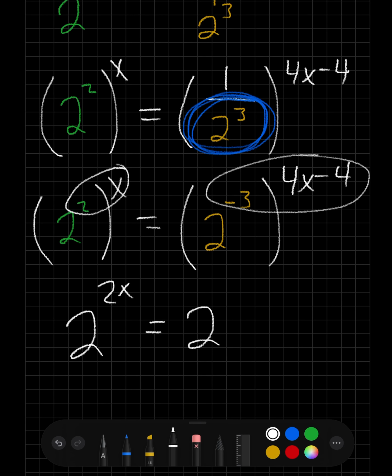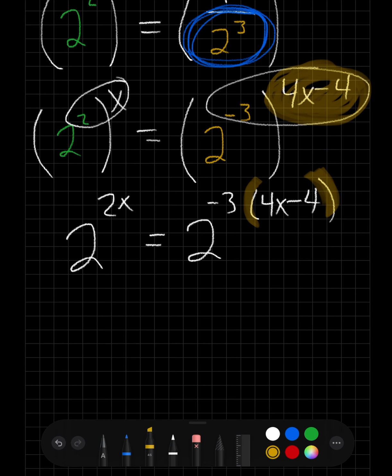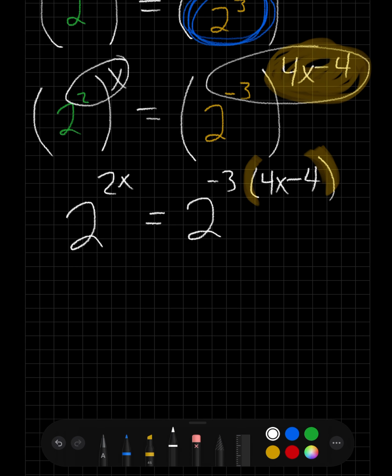And so this then becomes 2 to the 2x power is equal to 2 to the negative 3 times 4x minus 4. Notice I keep using these parentheses here. Very important. This negative 3 needs to multiply every piece of that term. Every piece. That's why I'm using those parentheses to help me keep that straight.